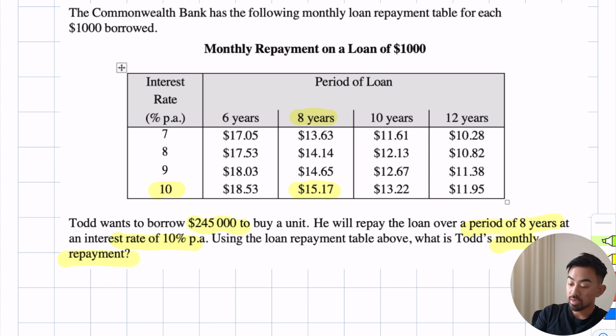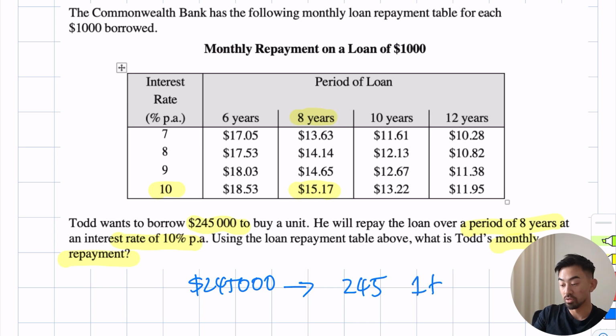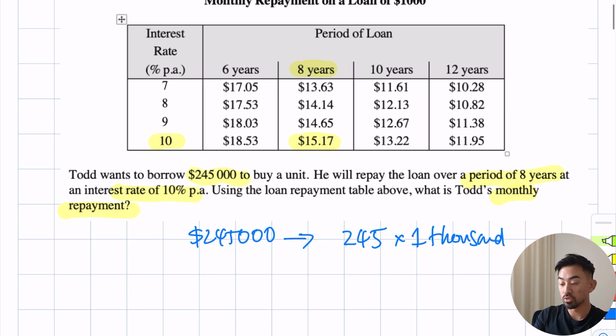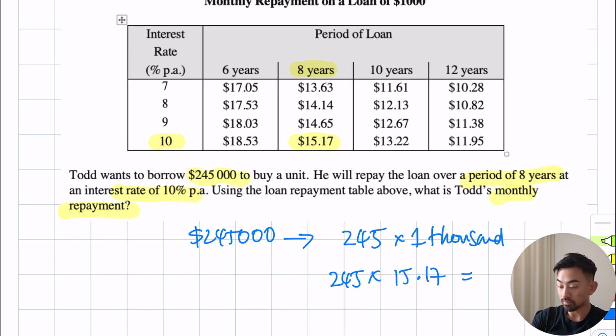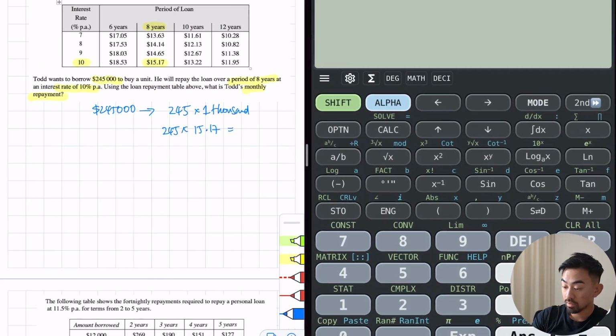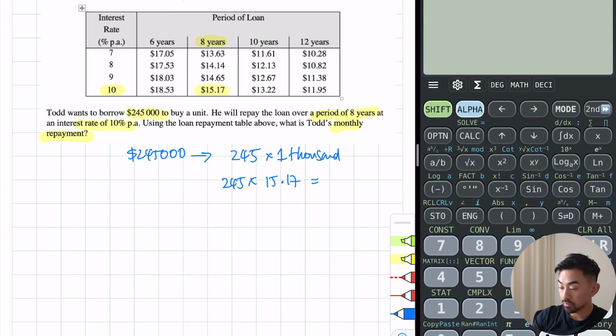Okay, now he's borrowing $245,000, which means he's borrowing $245 lots of $1,000 you can think of. Okay, so all we need to do is actually just multiply 245 by $15.17. Okay, get the calculator. 245 times 15.17.